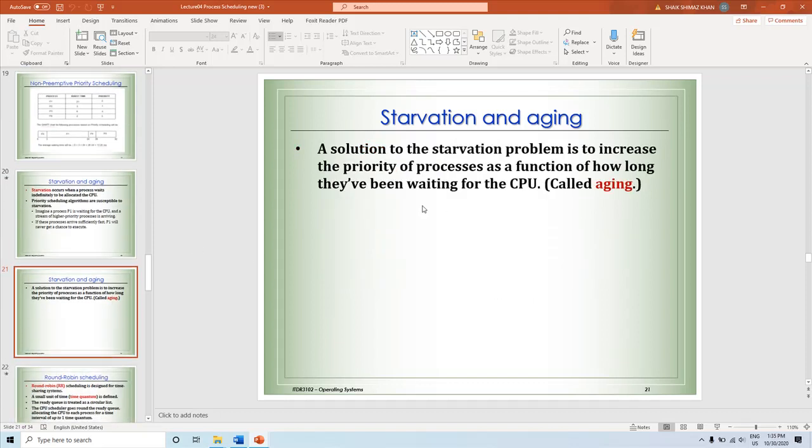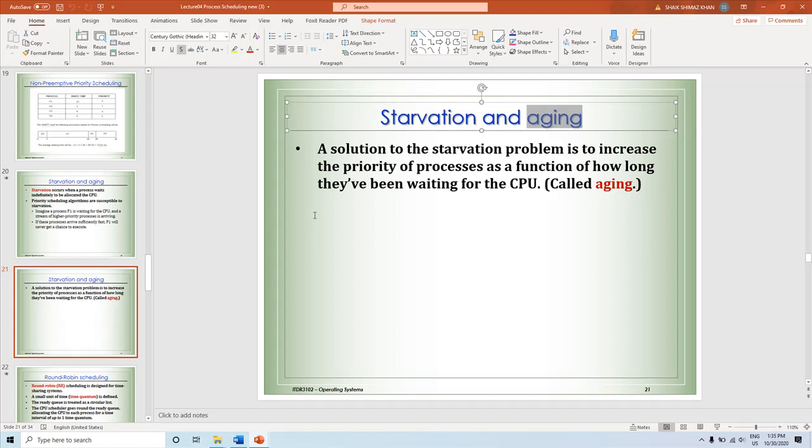So what is the solution to the problem of starvation? The solution is called aging. To avoid the starvation problem, the system monitors how long a process is waiting.